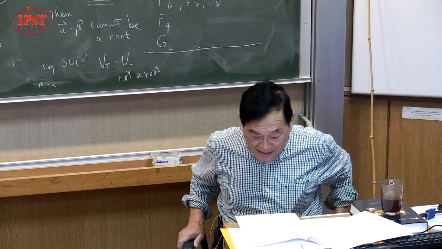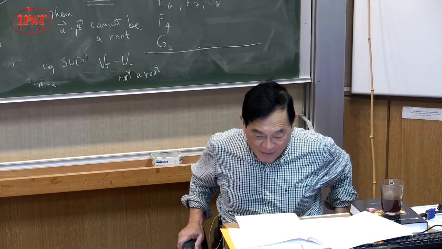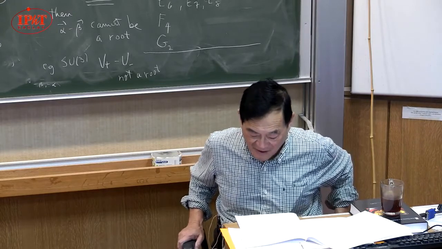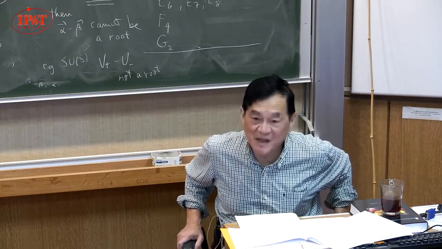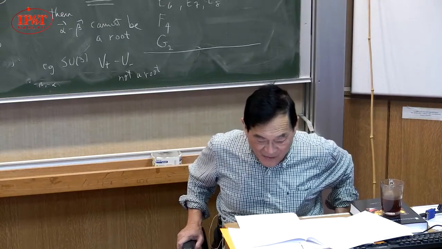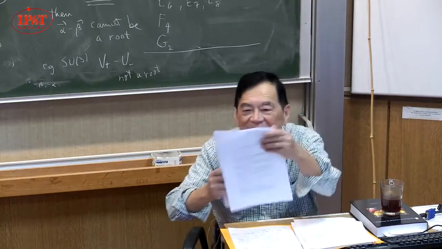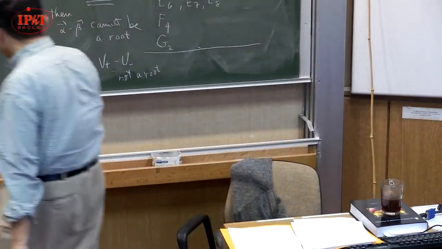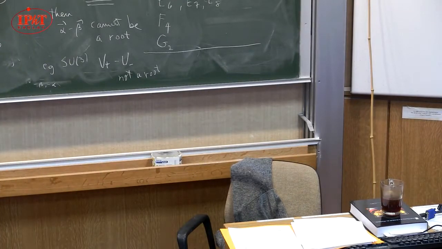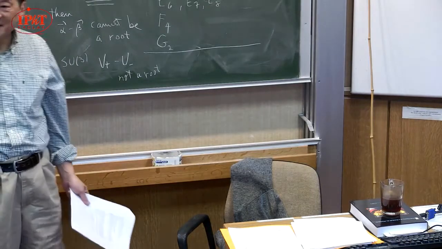Now, let me tell you one amazing thing about Dynkin diagrams, which perhaps you already suspect. This is page 396. When you start discussing the exceptional algebras, and this is absolutely beautiful, the Platonic solids suddenly appear.